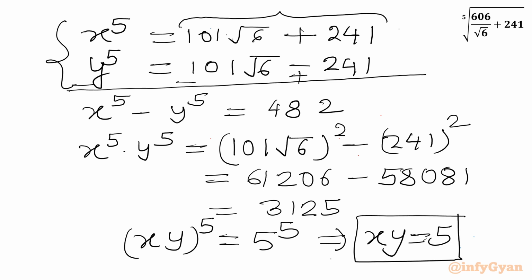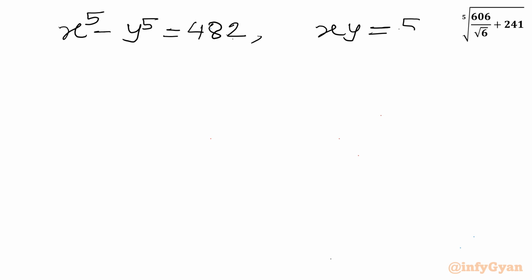Real values. Let us say this is our equation 1. Let us consider this is our equation 2. Let me write here x power 5 minus y power 5 equal to 482, and xy equal to 5. So from here y will be equal to 5 over x.